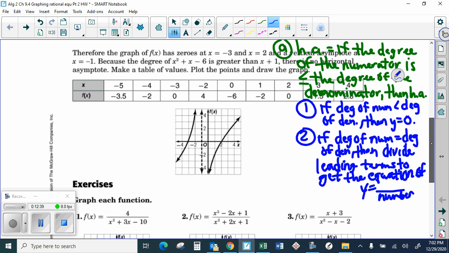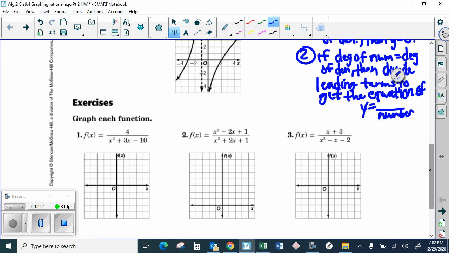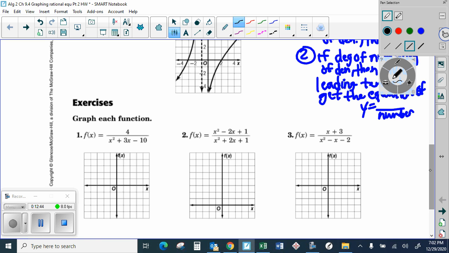Now, that's under A for horizontal. So B now, slant or oblique asymptotes.